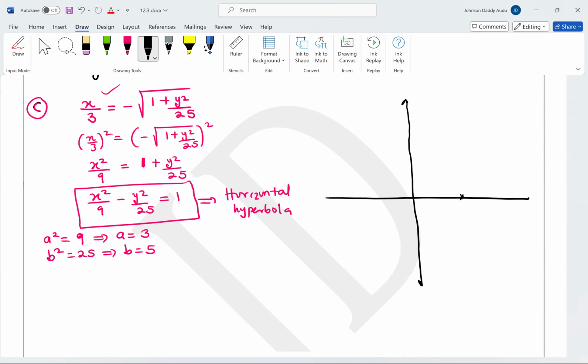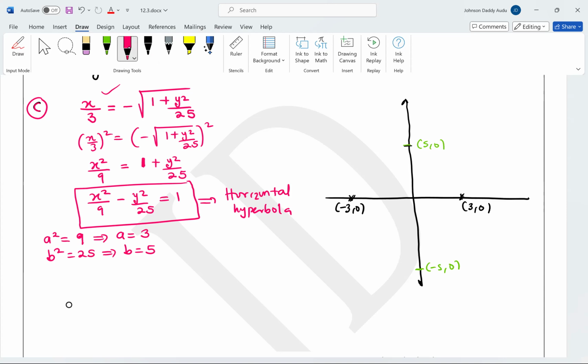Since we know our a is 3, the vertices are somewhere here, 3, 0 and minus 3, 0, right? Then the conjugate axis will be on the y-axis, which is going to be somewhere here. Let's call it 5, 0 and minus 5, 0.